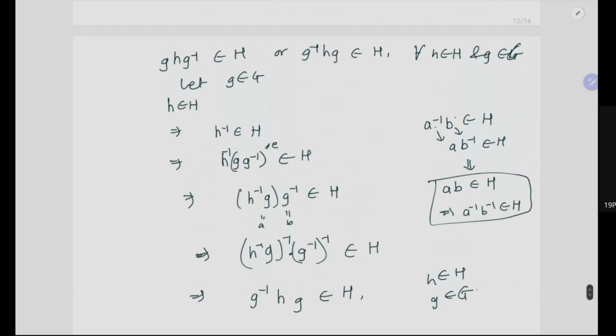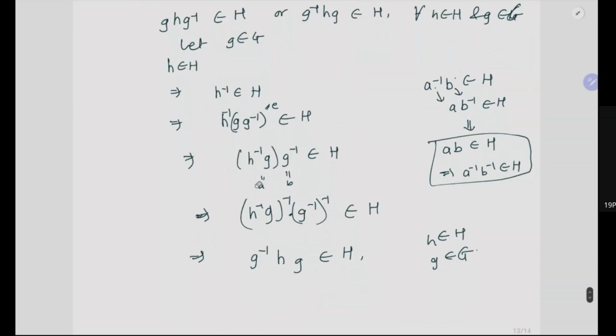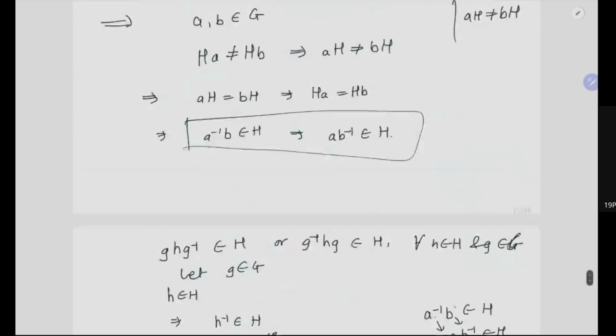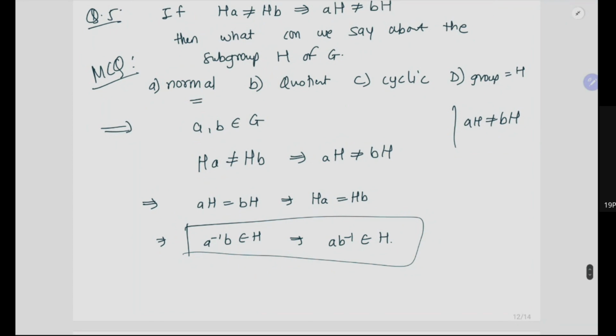Ma'am, can you explain above, AH equal to BH implies HA equal to HB? From that you write this A inverse B belongs to H. How do you write this from this to this? Yes, ma'am. This is the definition of quotients, right? AH is equal to BH implies B inverse A belongs to H, or A inverse B belongs to H. This is the definition of quotient. And this is exactly what I wrote.